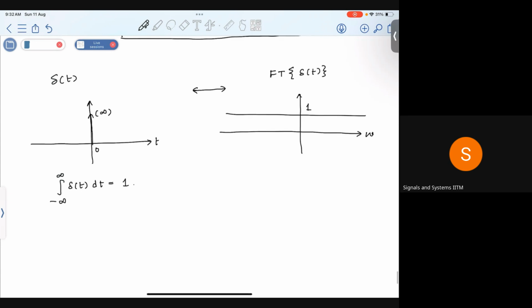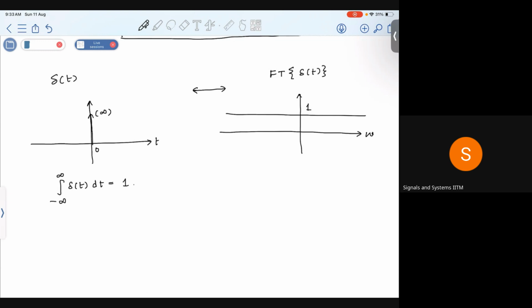Whatever signal visually looks complicated in the time domain, by applying a simple transform, looks so clean in the frequency domain. So instead of working with del of t in the time domain, it's always beneficial to work in the frequency domain, because we can understand the signal much more clearly there.